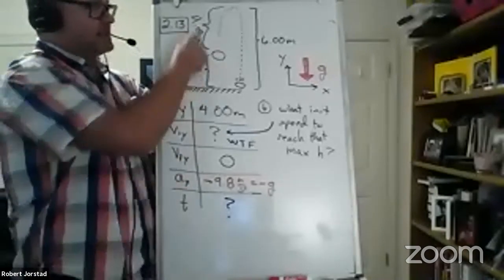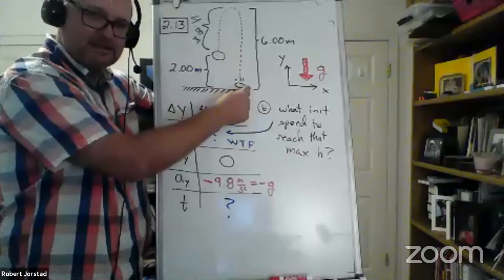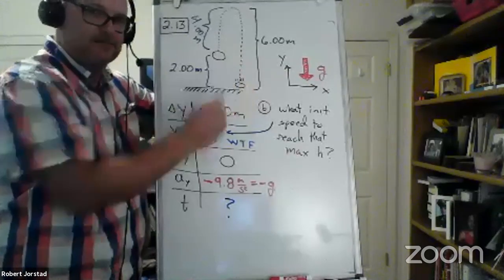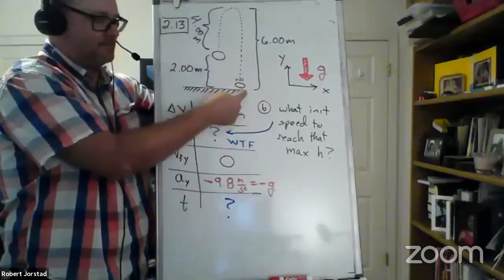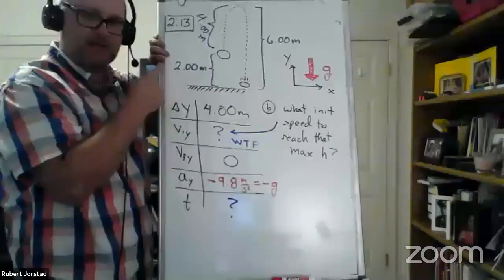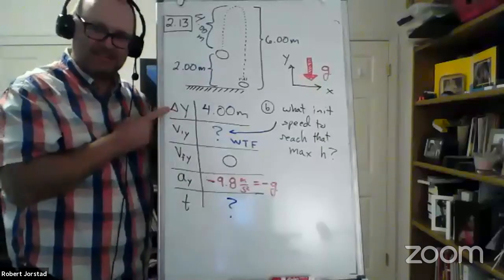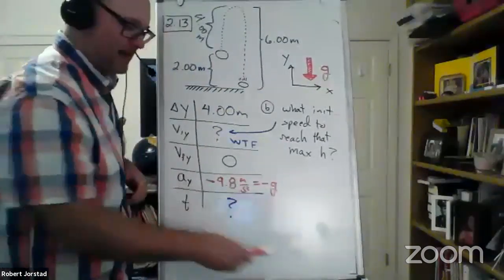If we were talking about the entire flight from here to impact, what would be the change in y? If I go from this point to that point, what's delta y? -2 meters. -2. And the negative, people are like, the distance is 2, but the displacement. Remember that this delta y, even though there's no vector here, has what implied on it?